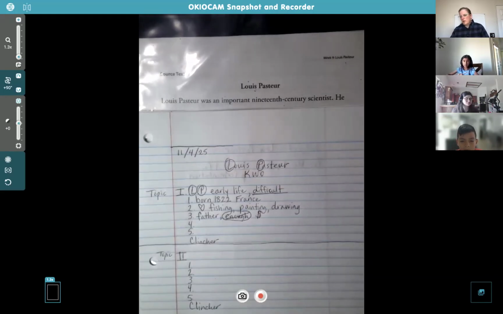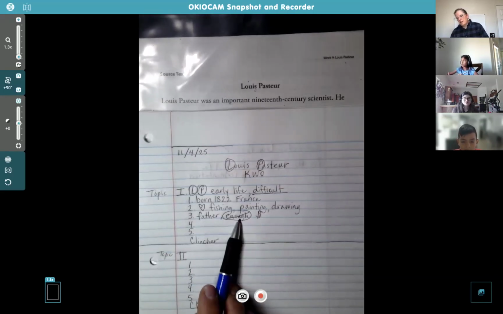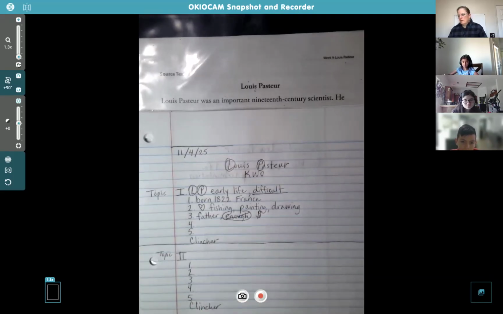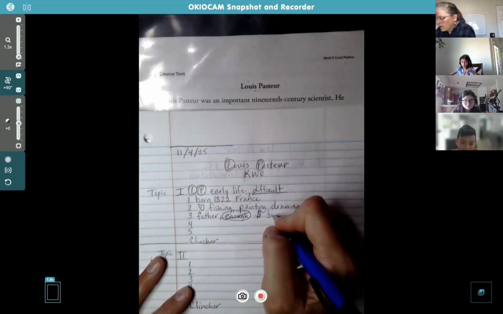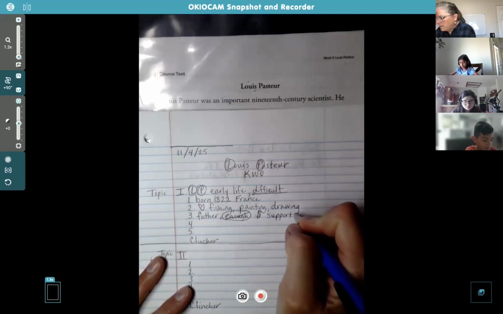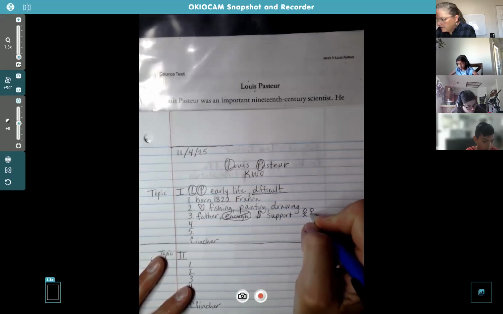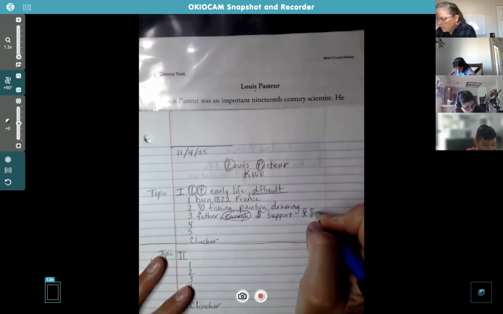So if that helps you, or you can draw a dollar. Either way. So basically, the father says it's not enough money to support a family. So let's do support, because that's hard to draw, but maybe after that we could draw a family. Like the dad and maybe a mom and little kids.